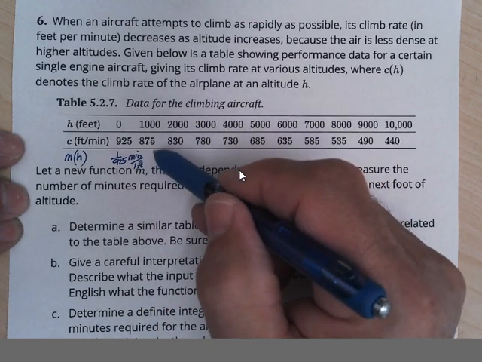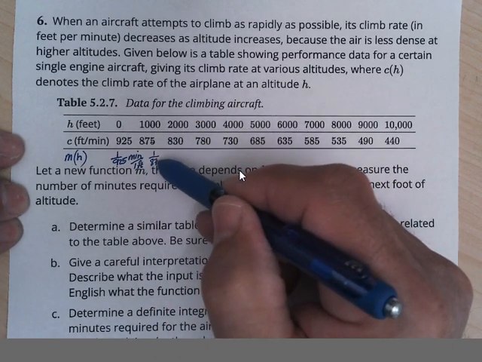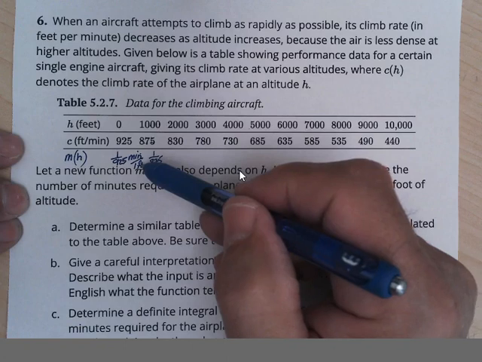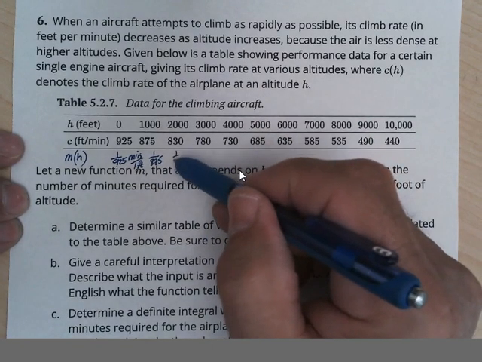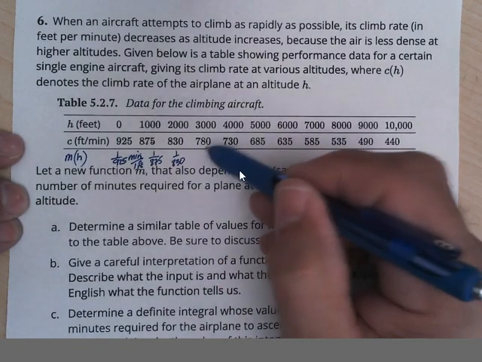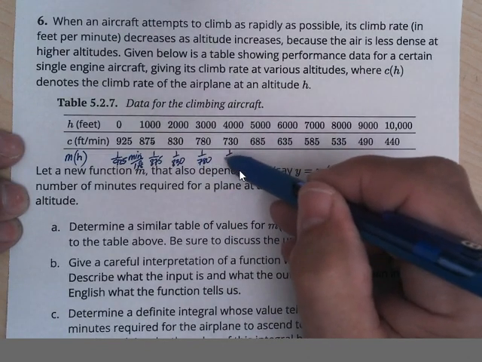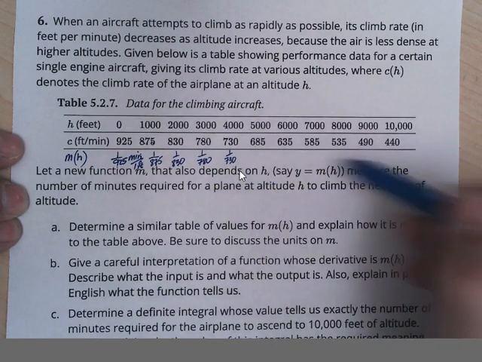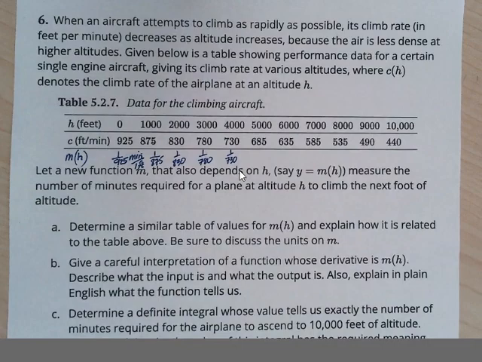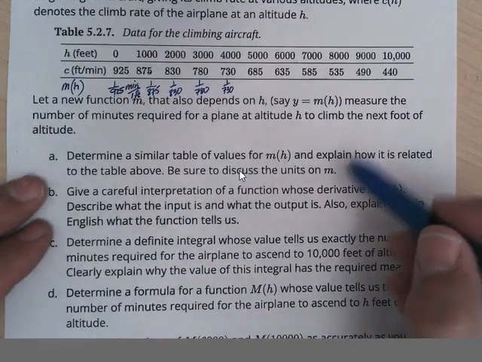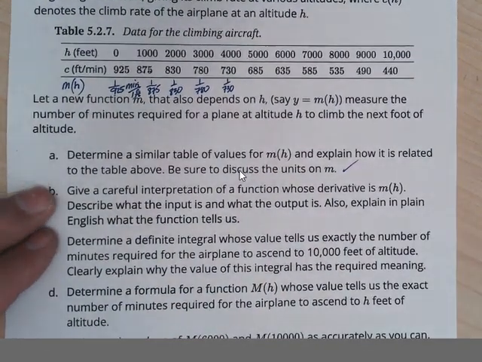And this would be 1 over 875 minutes to climb a foot. 1 over 830 minutes to climb a foot. 1 over 780 minutes. 1 over 730, etc. So we did that. That's A.